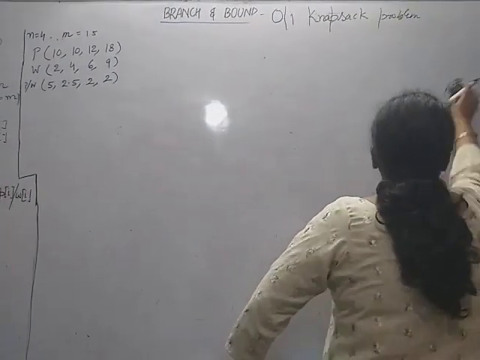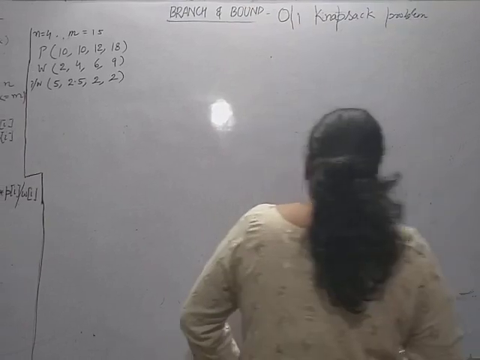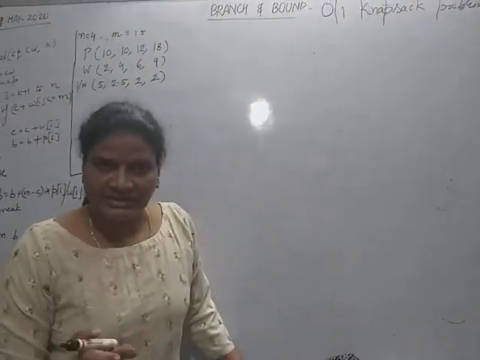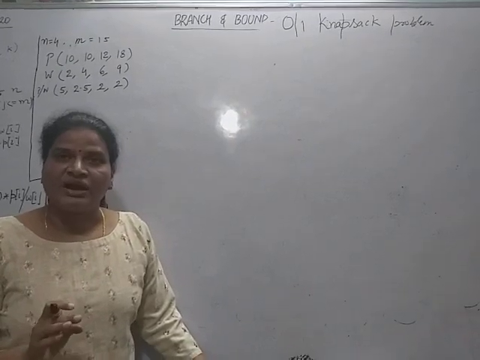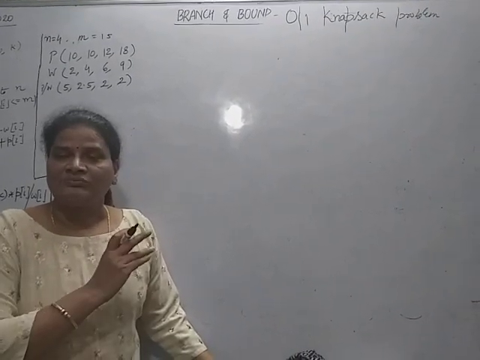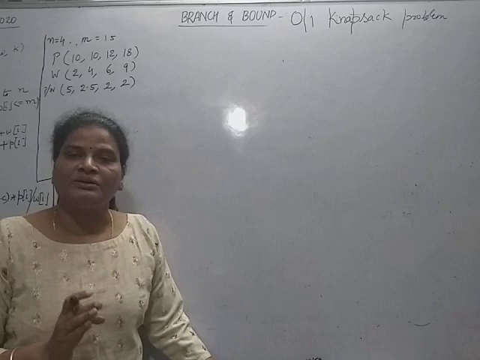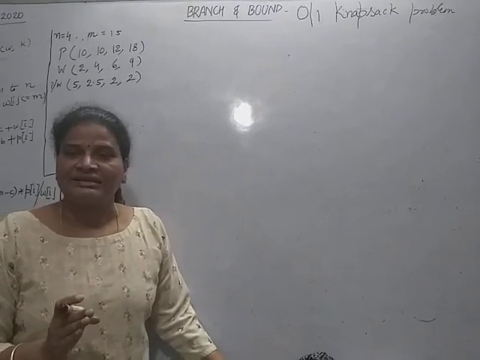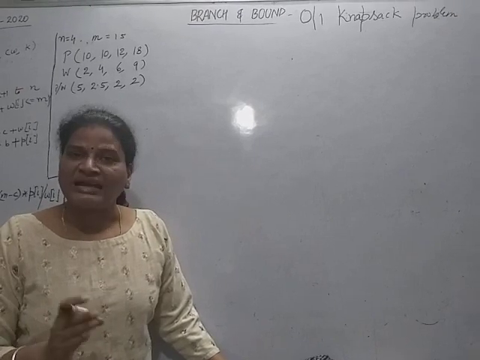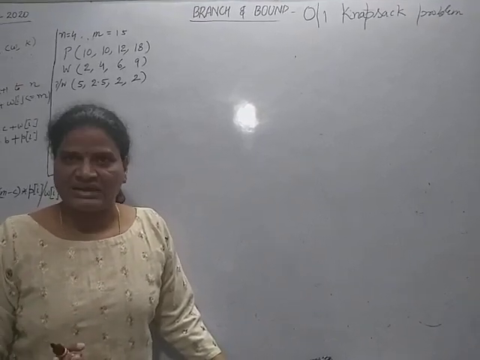Okay, as I told earlier, the branch and bound technique is used to solve minimization problems. We know that the 0-1 knapsack problem is a maximization problem. So first, it is required to convert the maximization problem into a minimization problem.